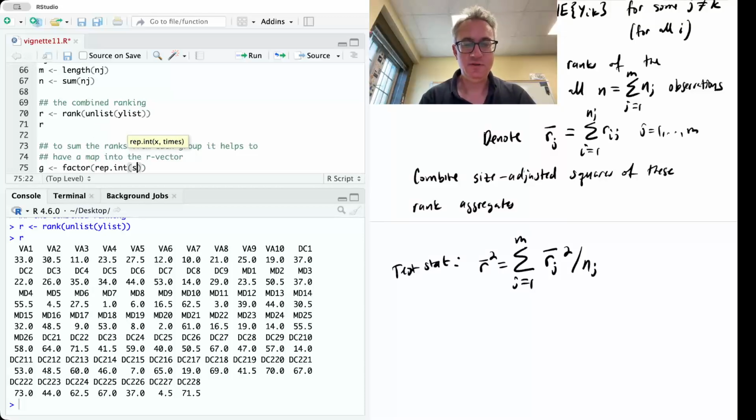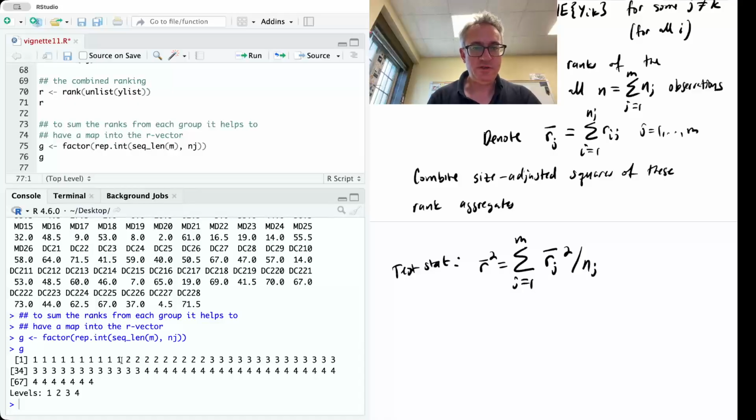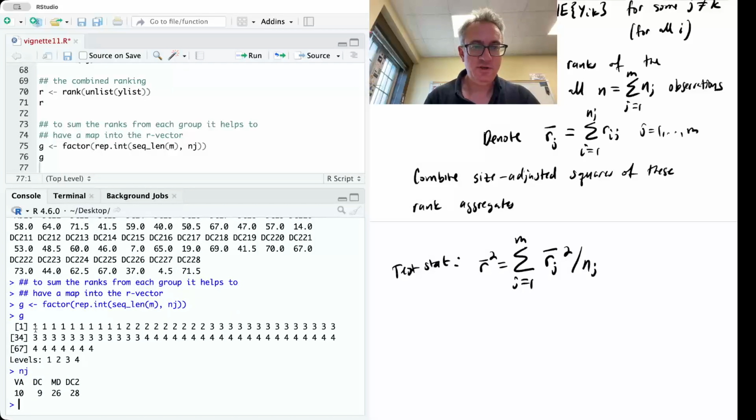So rep of seq_len m and nj. So this makes a group variable that says the first so many, the nj. So what's nj? The first 10 of them are group 1, the next 9 of them are group 2, the next 26 of them are group 3, and the final 28 of them are group 4.